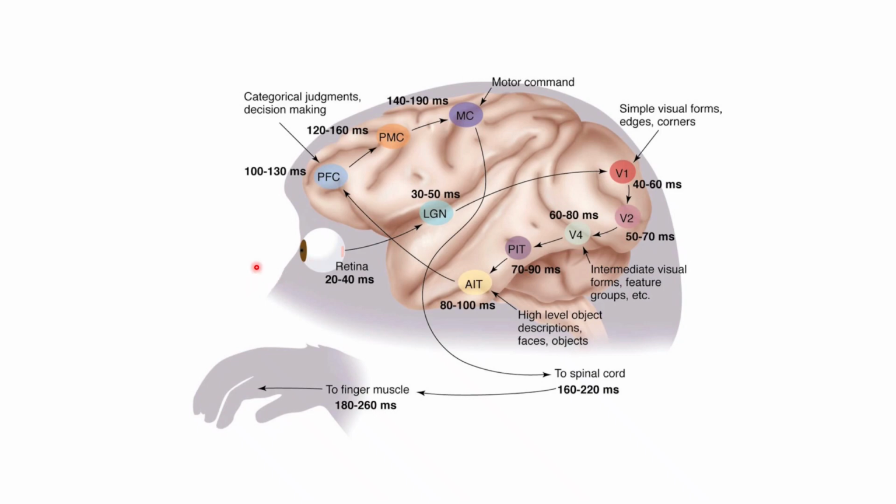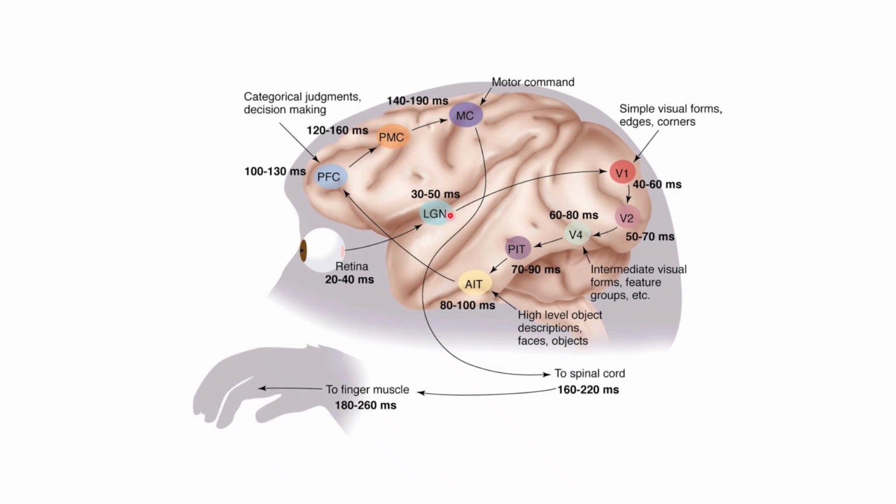The light from the cup falls on my eye, on my retina, and the processing within the retina can take 20 to 40 milliseconds. Then the signal from the retina goes to the thalamus, a part of the thalamus called the lateral geniculate nucleus, LGN.